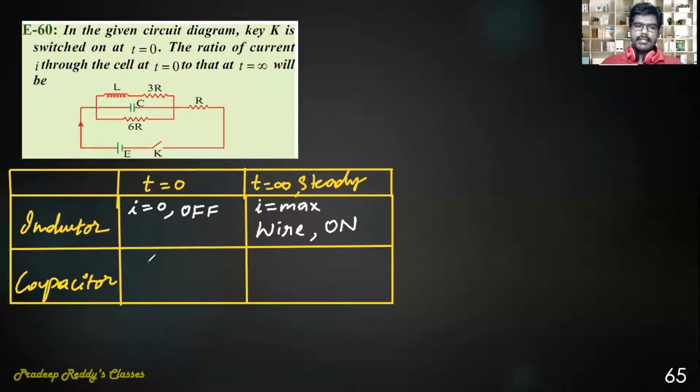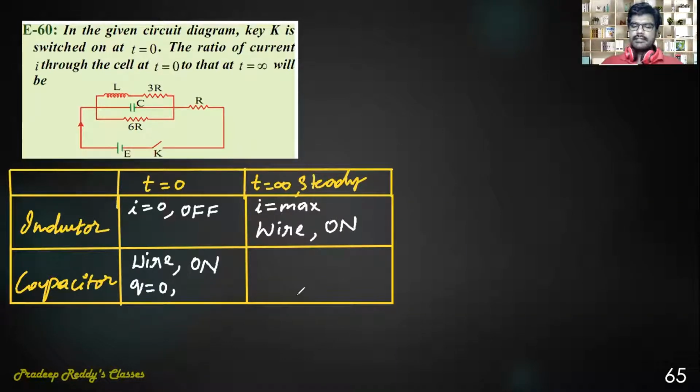Whereas in the case of a capacitor, at time t equal to 0, when you are switching on, the capacitor will start charging. Therefore, it is equal to a wire and it is a switch on condition, and Q will be equal to 0 initially.